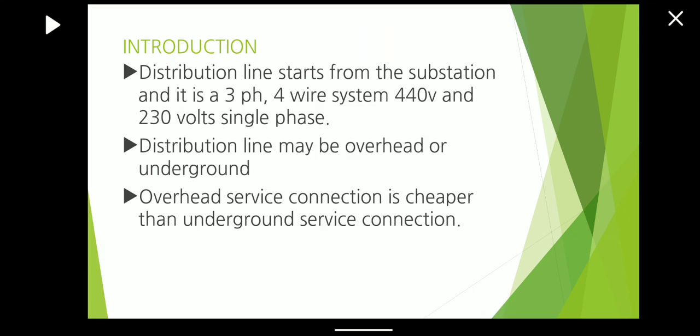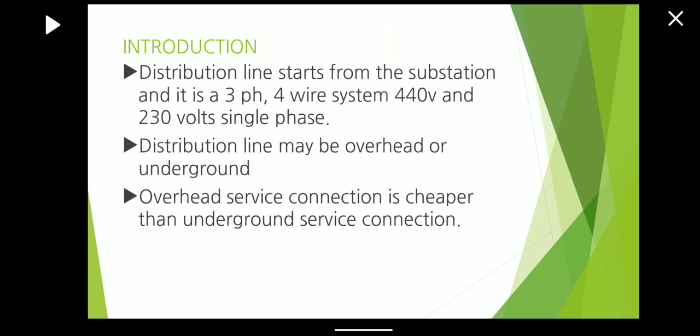Introduction. Distribution lines start from the substation and it is a 3-phase 4-wire system having 440 volt. Then we have to convert for single phase, which is 230 volt.